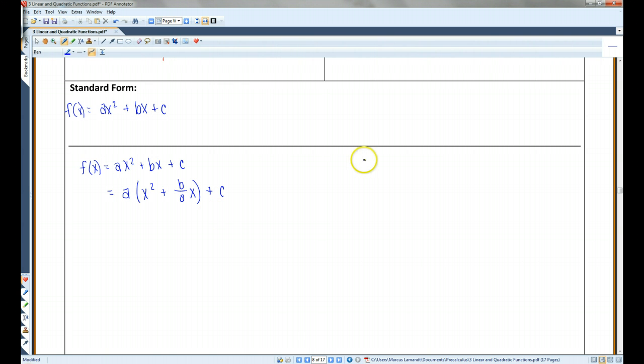Now, b over 2 squared, in this case our b is b over a. This is the same as b over 2a squared, which is b squared over 4a squared. So I'm going to add that and subtract that.